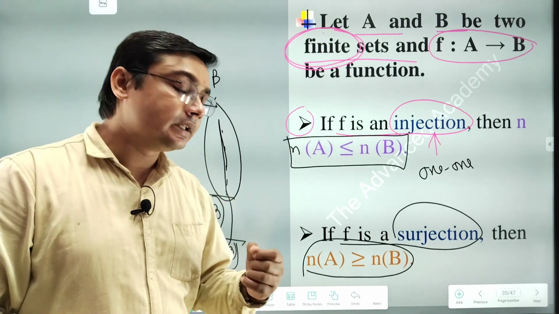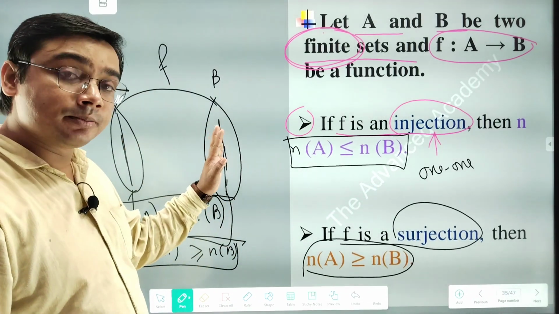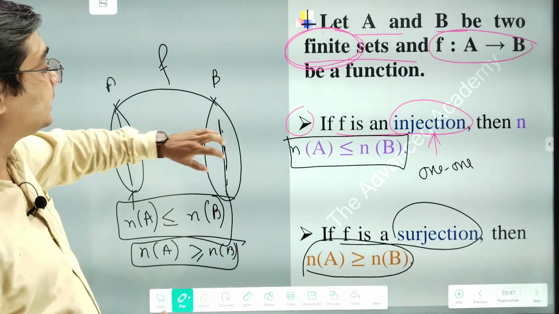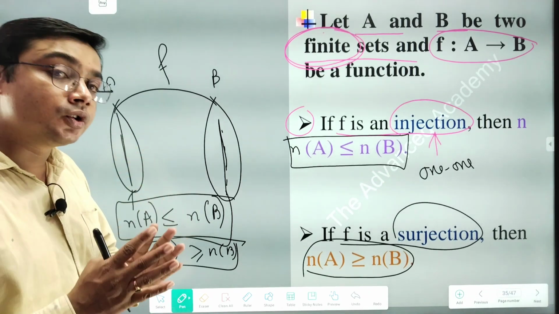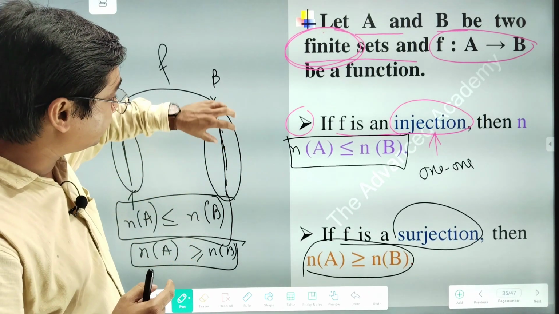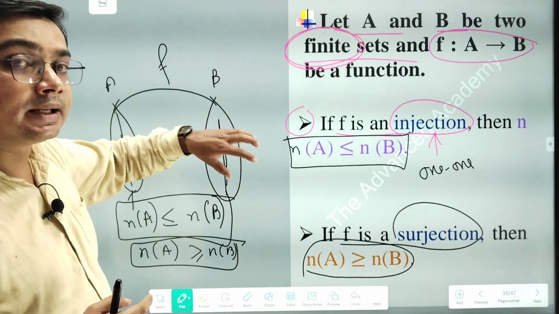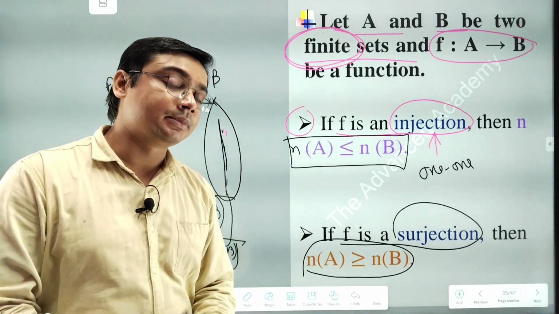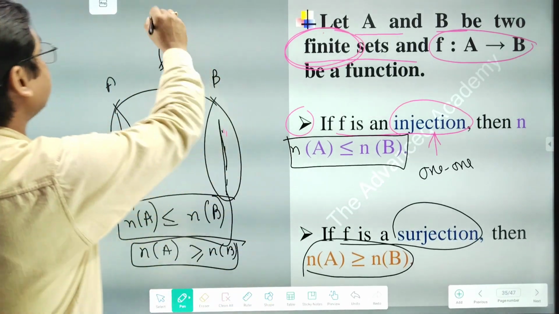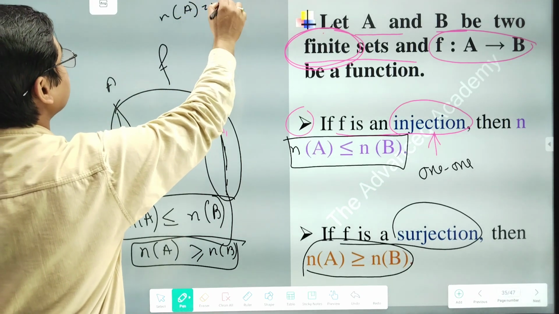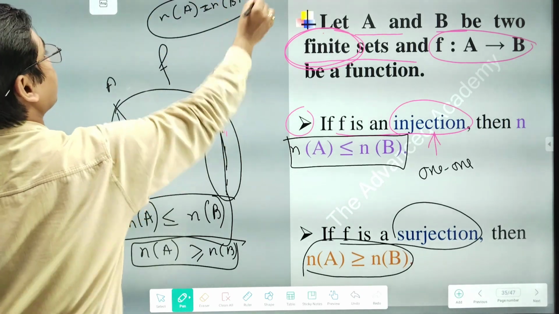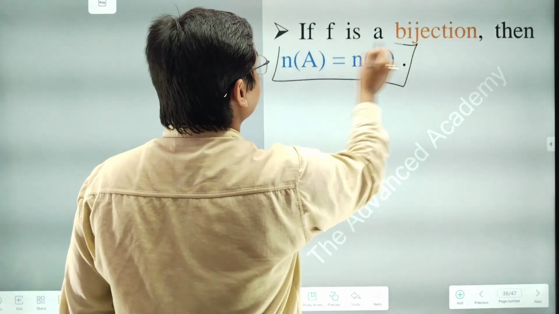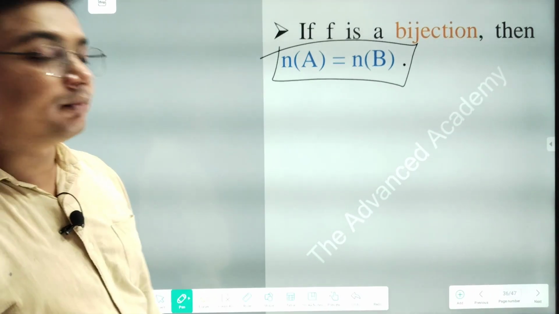If it is one-one, then N of A is less than or equal to N of B, that means the elements of A are fewer than or equal to those of B. But with onto, the number of elements in set B must be less than or equal to the number of elements in set A. And in case of bijective, that means one-one and onto, N of A is equal to N of B. So you have to remember this relation also.